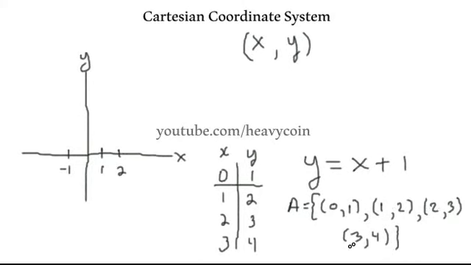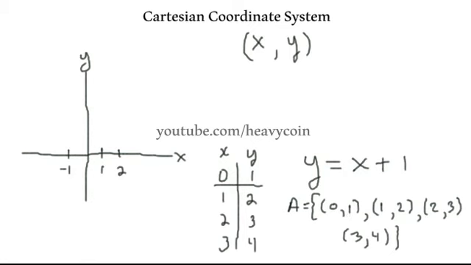So 1, 2, 3, 4. So I just selected some points. There's an infinite number of these points, especially if we're in the real number system. But we're just trying to get an idea of what this graph looks like.